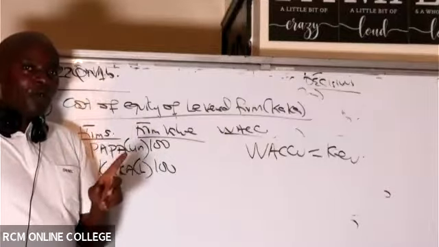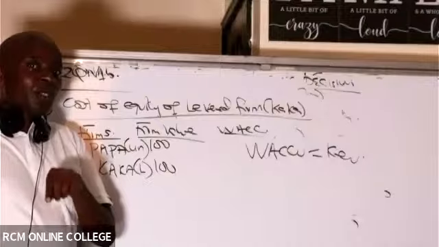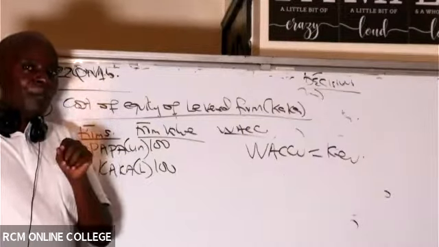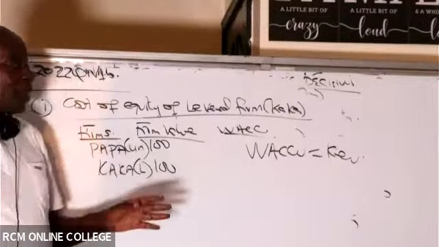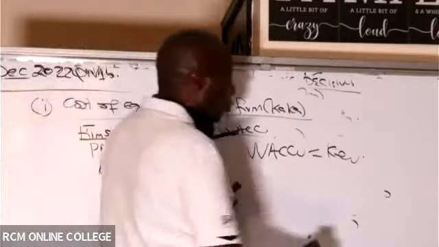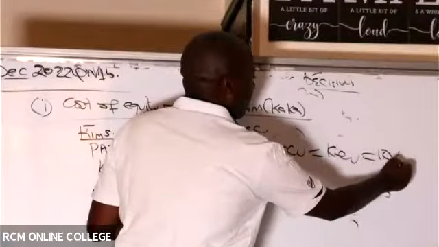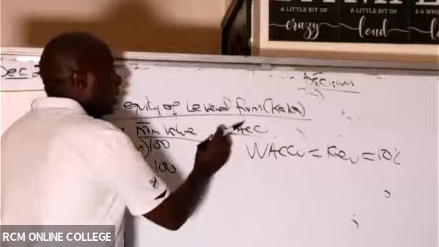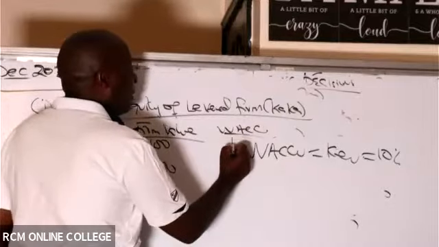Do we have the cost of equity of Papa in this question? Note number 2: the cost of equity of Papa is 10%. So WACC equals Ku, so at least this one here we know is 10%. Remember, our unlevered firm is Papa, and then the WACC of Papa will be 10%.